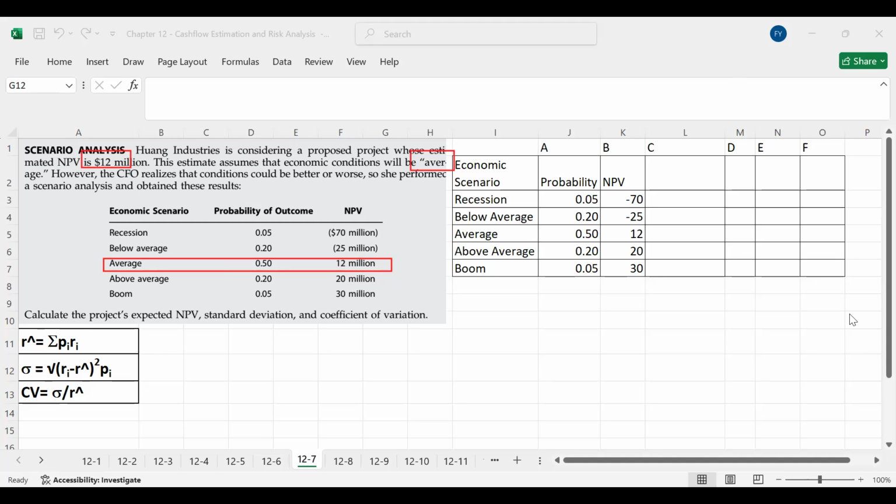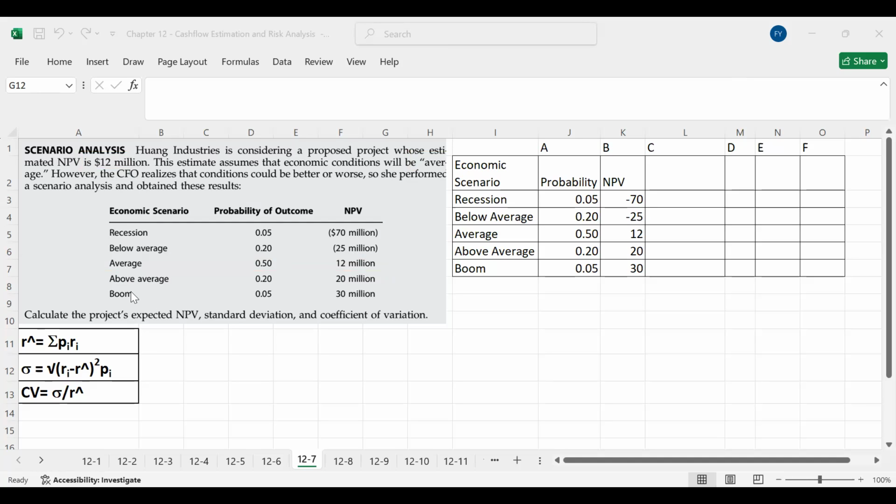Then the CFO realizes that the condition could be better or worse, so she performed a scenario analysis and obtained these results. We have 5 different economic scenarios: recession, below average, average, above average, and boom.